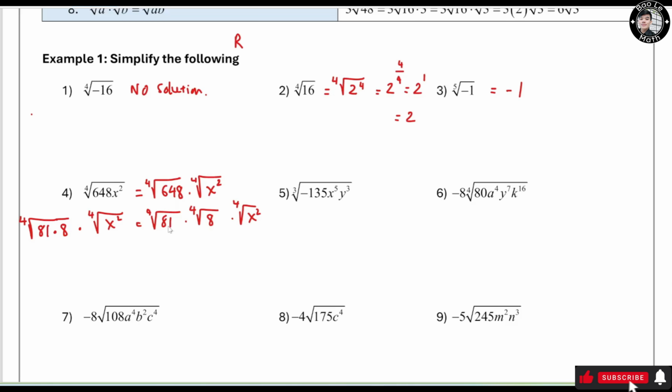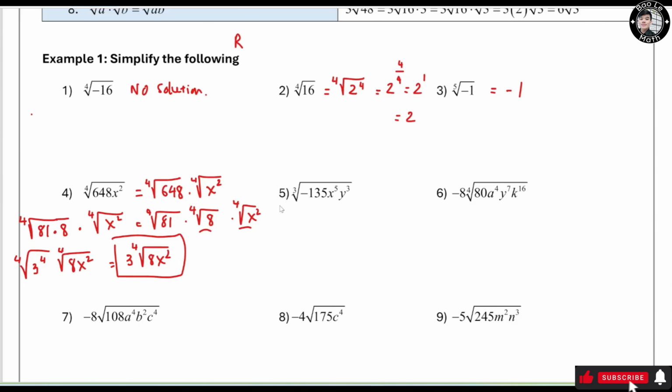And 81 can be written as 3 to the 4, right? Now this and this, you cannot take the 4th roots, so we're going to combine these two. It could be 4th root of 8 s squared, right? Now 4th root of 3 to the 4 is going to be 3 times 4th root of 8 s squared, right?